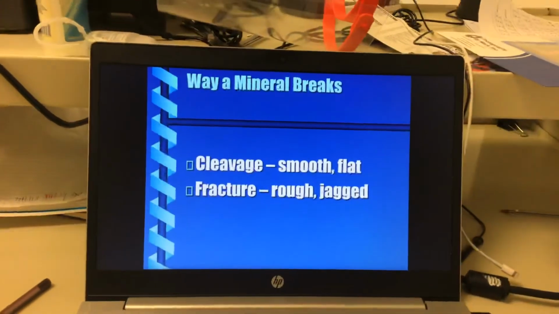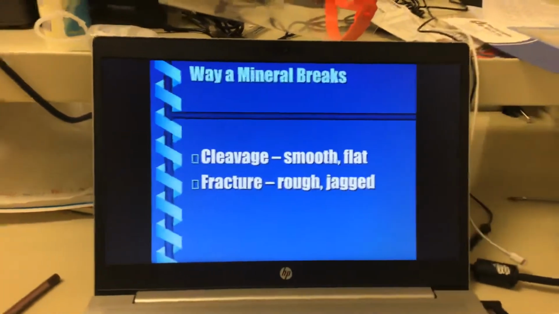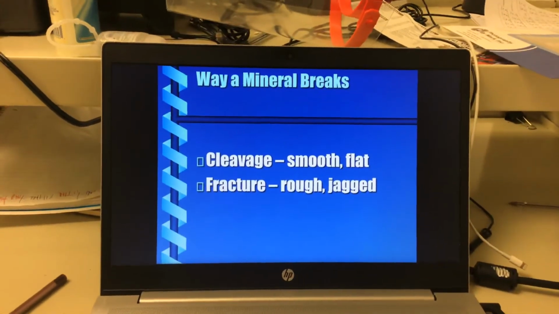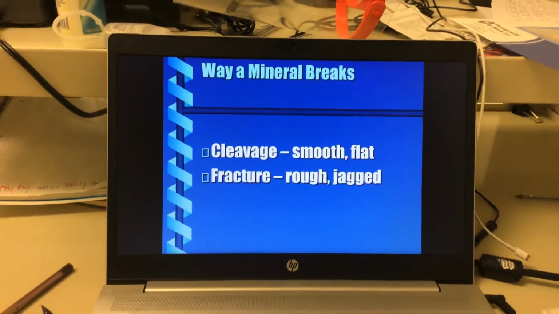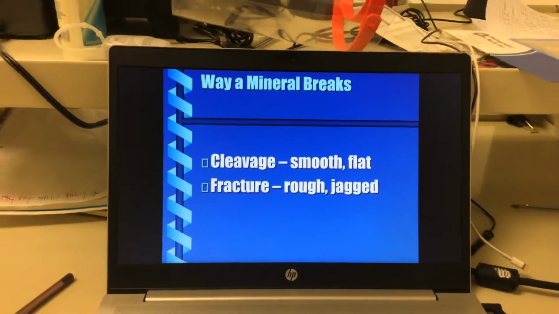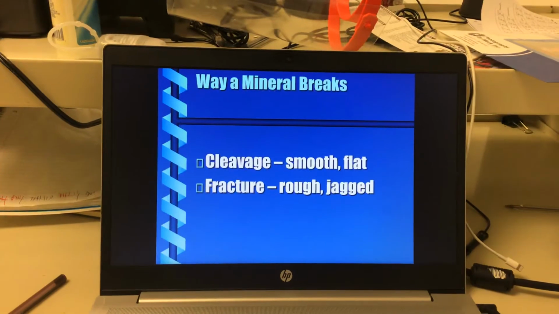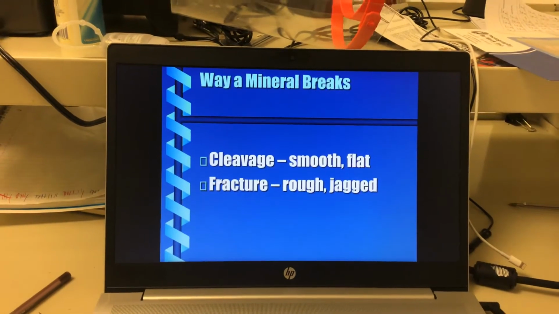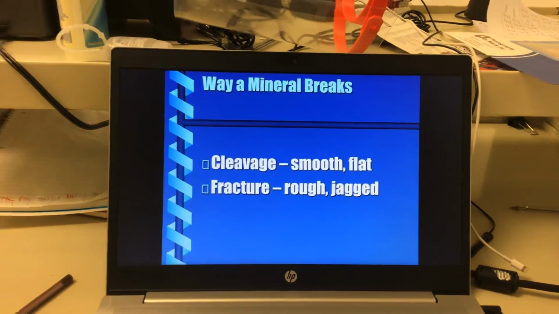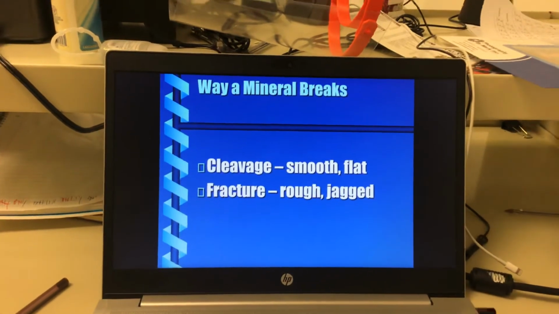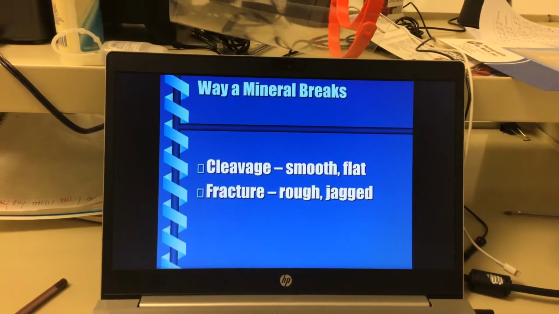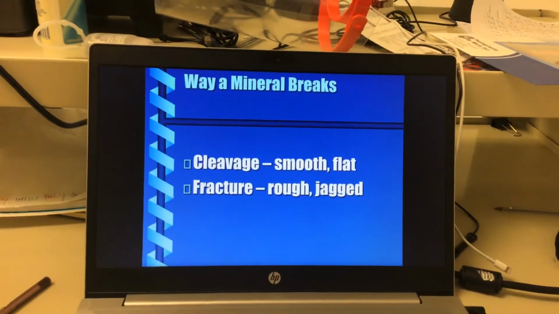Way a mineral breaks. Go ahead and put these both down. The way a mineral breaks, it either has cleavage or fracture. With cleavage, it's going to break in flat layers. So it's going to break kind of cleanly, it's going to leave smooth surfaces. With fracture, it's going to just kind of split anywhere, it's going to be jagged, it's going to be rough.